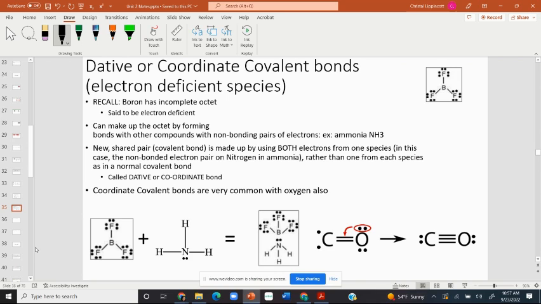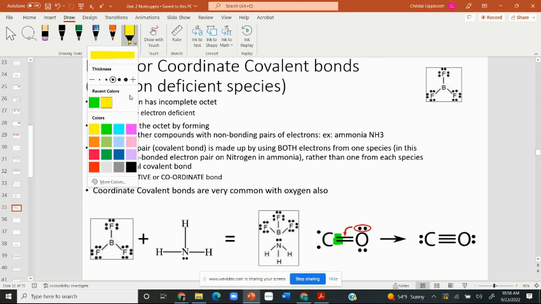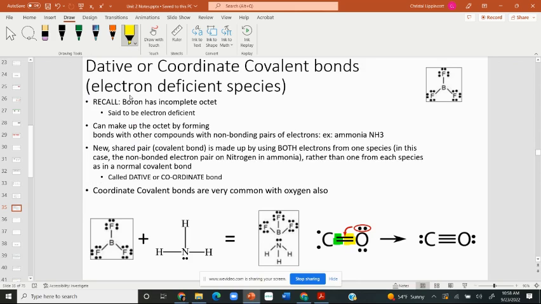Coordinate covalent bonds are another thing that we can do where instead of just sharing electrons, like one from each, here in this bond, we've got one from the carbon coming in here, and we have the oxygen supplying the other ones over here, okay? When we look at coordinate covalent bonds, what happens is one of the atoms provides both electrons for the bond.